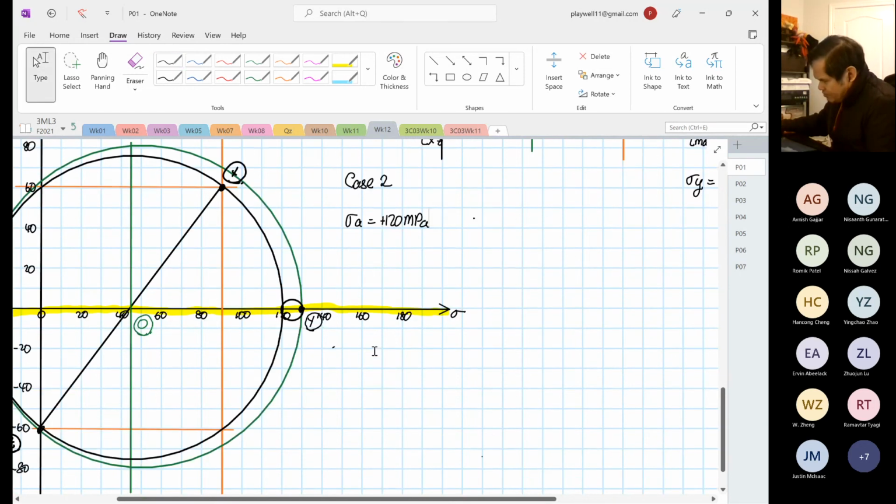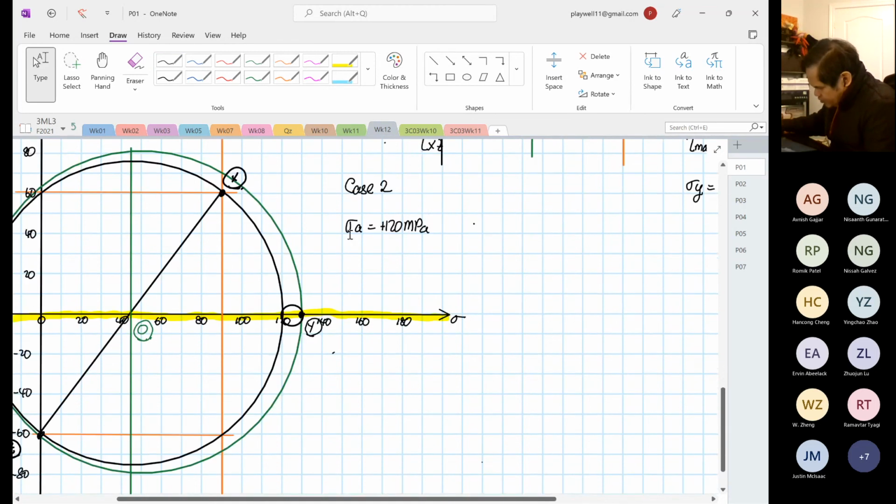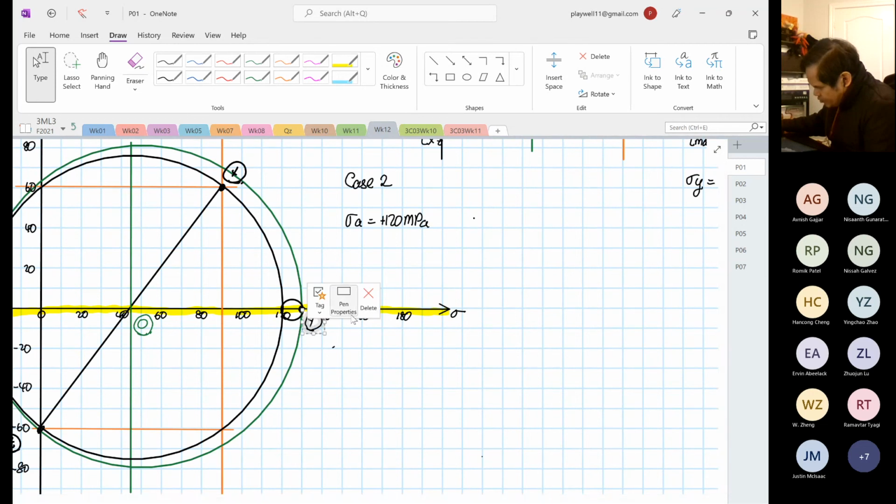So stress A has to be at 120 megapascal, right? So now I need to somehow get rid of this wording down here.